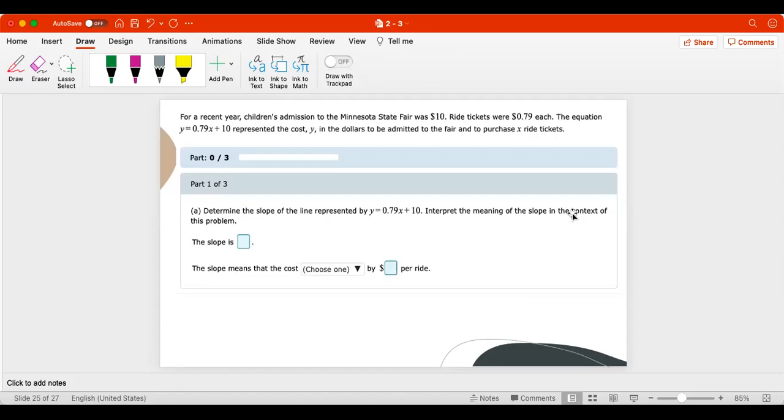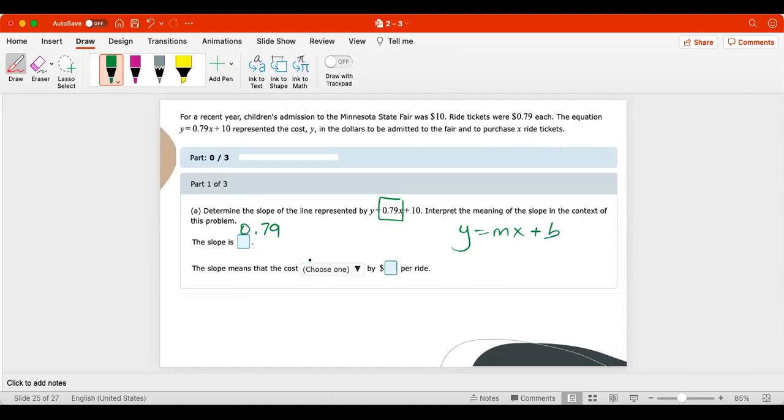I'll give you a second. Pause the video and see if you can answer this first problem. What is the slope of the line and what is the meaning of that slope? So the slope is the number in front of that x, because this is in slope-intercept form, and it's 0.79.